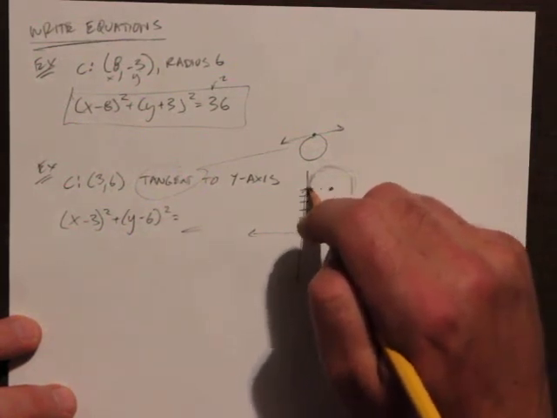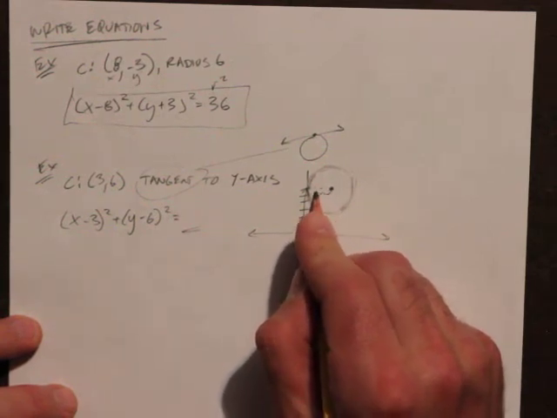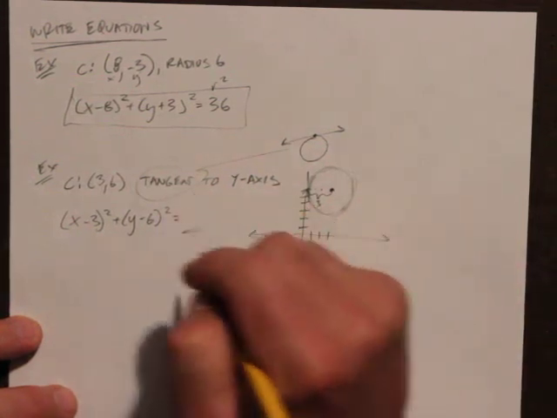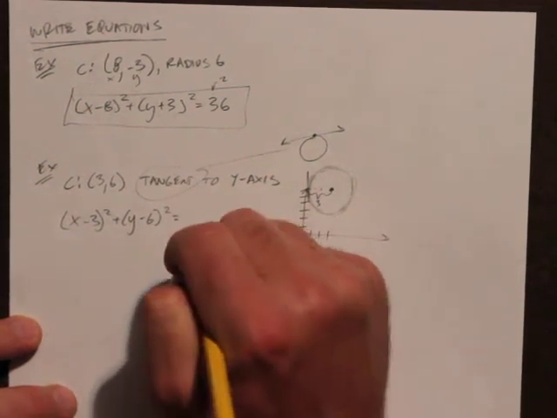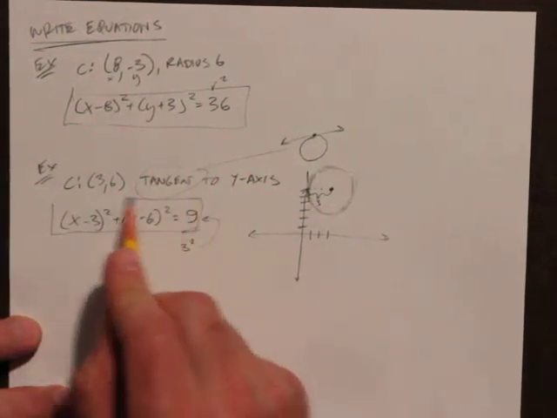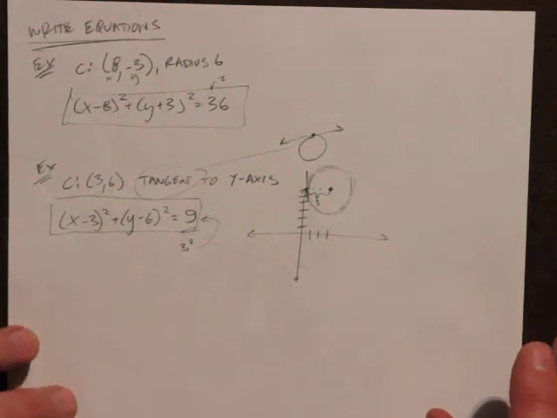So my radius is 3. So 3 squared is going to get me 9. There's my answer for that one.